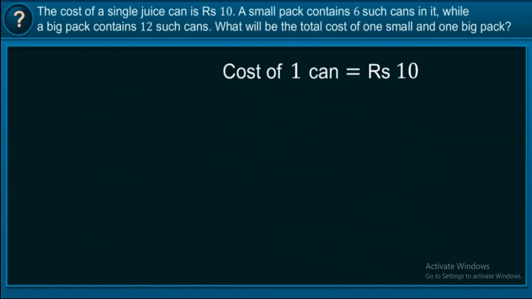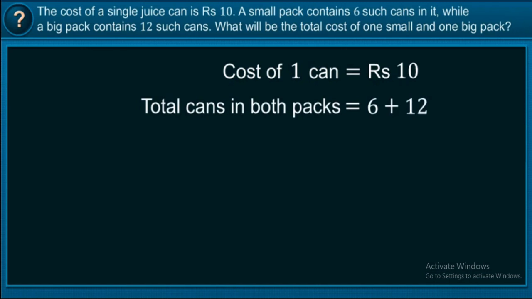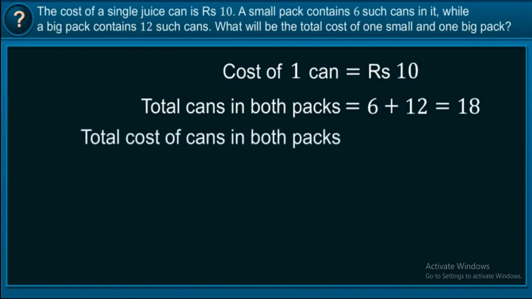There is another way of solving this problem. The total number of cans in both packs is equal to 6 plus 12, which is equal to 18. The cost of a can is 10 rupees. Therefore, the total cost of 18 cans will be equal to 18 multiplied by 10, which is equal to 180 rupees.